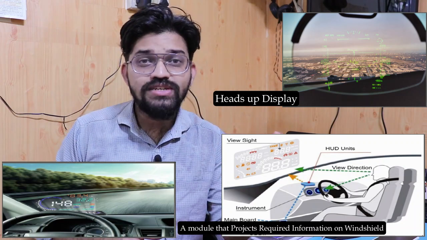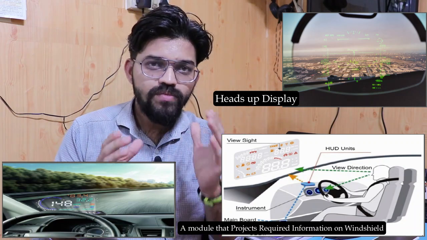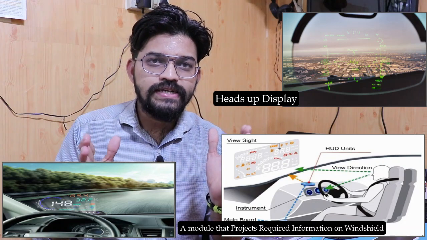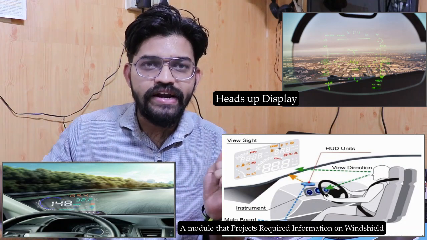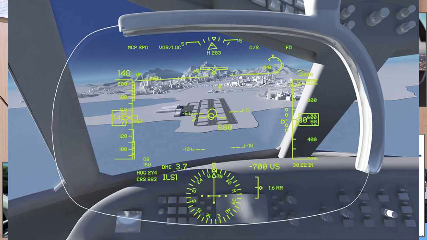Basically guys, the idea of this heads up display is that it is used in military aircraft. In military aircraft, the commander needs to take care and observe all the surrounding areas, so he cannot look down at the control system. This is the reason the required information gets projected on the screen above.